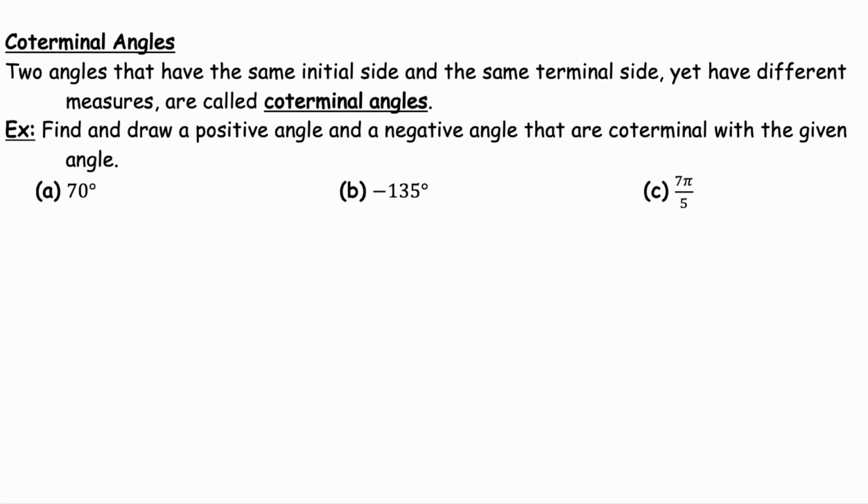All right, coterminal. So what does this term mean, coterminal angles? Well, coterminal just means that we have 2 angles that have the same initial side and the same terminal side, yet they have different measures. So think about, if you've ever watched the Winter Olympics, somebody is on their snowboard and they do a 720.